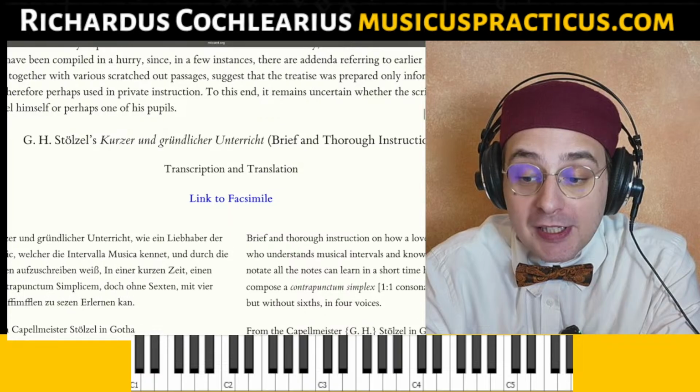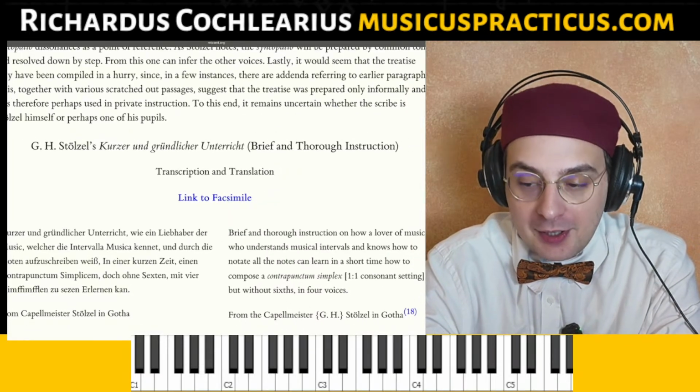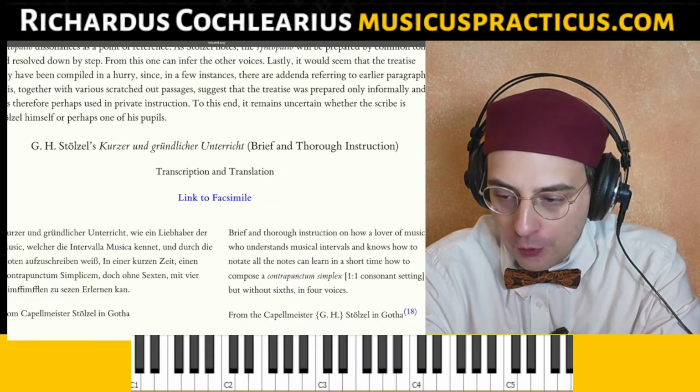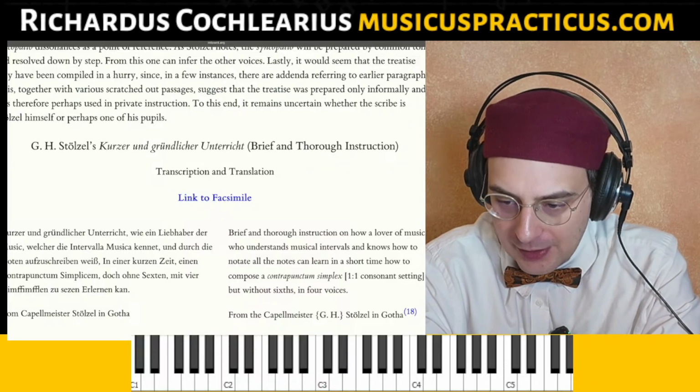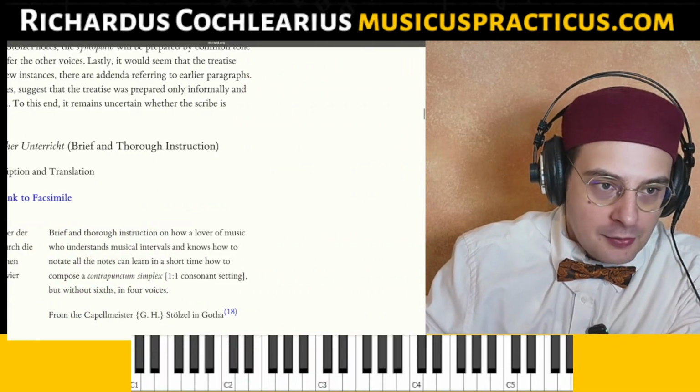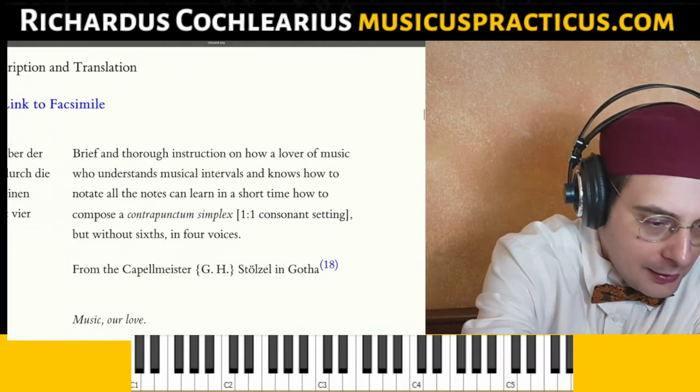Stölzel, Kurzer und gründlicher Unterricht. Brief and thorough instructions. Transcription and translation. Let's start reading this. Okay.